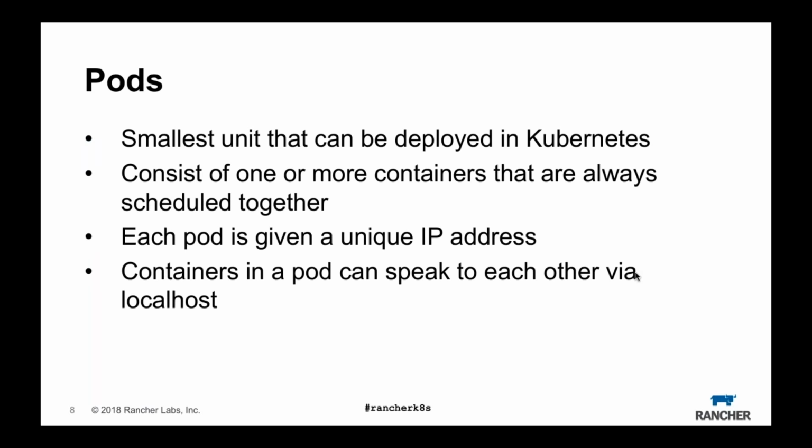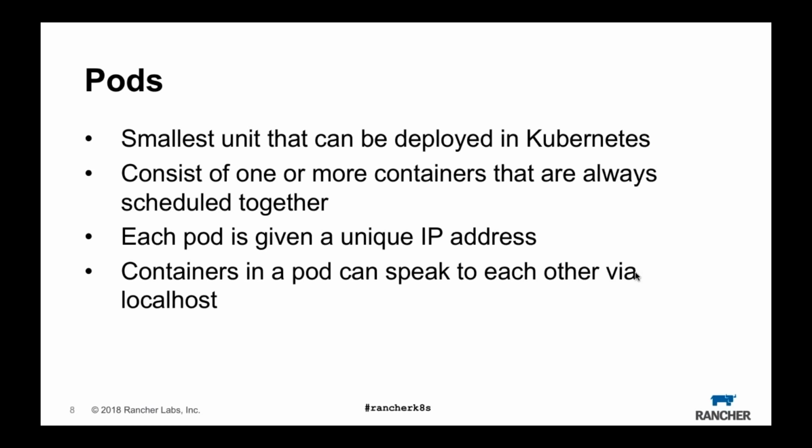Starting off with the pods. This is the atomic unit in Kubernetes that you are basically dealing with. A pod is basically a collection of containers. It could be just one container or more. These containers are always scheduled or deployed to a node together, so they have a common lifespan.